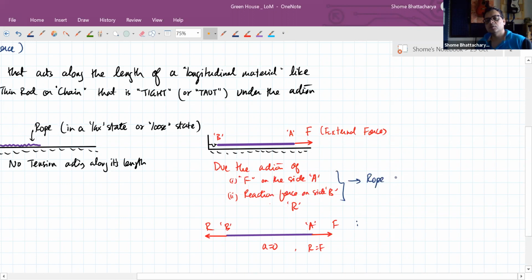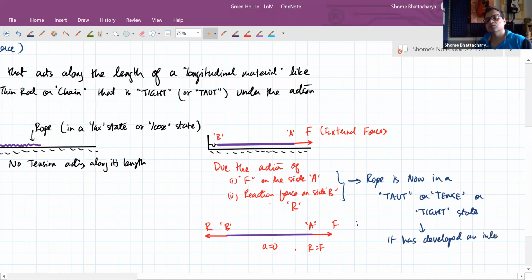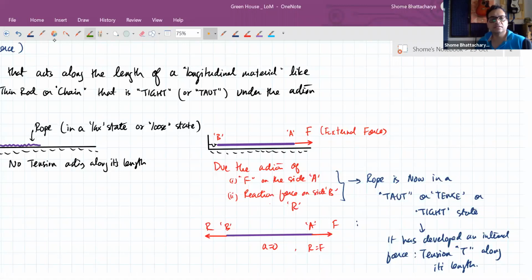The rope is now in a taut state, taut or tense, or tight, any of these words we can use for it, and that means that it has developed an internal force of tension, which we will denote with T, along its length. And that tension here will act like this.